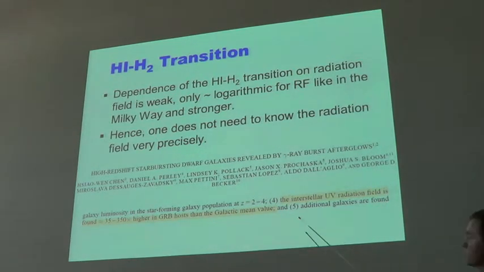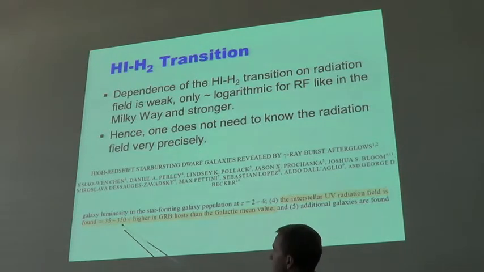And if we look at high-redshift galaxies, where most action happens, the radiation fields are in fact substantially higher than in the Milky Way, which means it's even less sensitive to the exact value of the radiation field. So the H1 to H2 transition is very, very forgiving for not knowing the radiation field precisely.